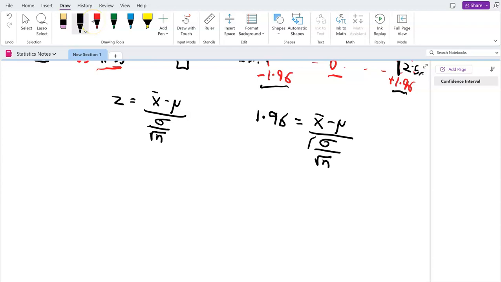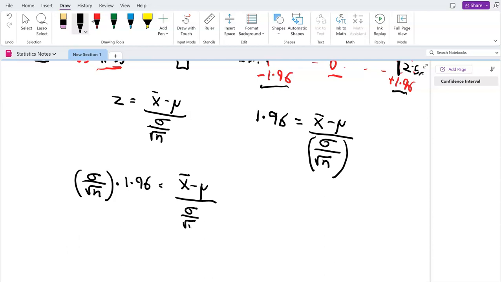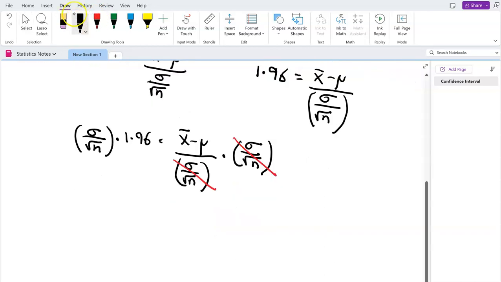This is in the denominator, so if I multiply both sides by sigma over square root of n, I get sigma over square root of n times 1.96 equals x bar minus mu, because these two cancel. And so what I get is x bar minus mu.